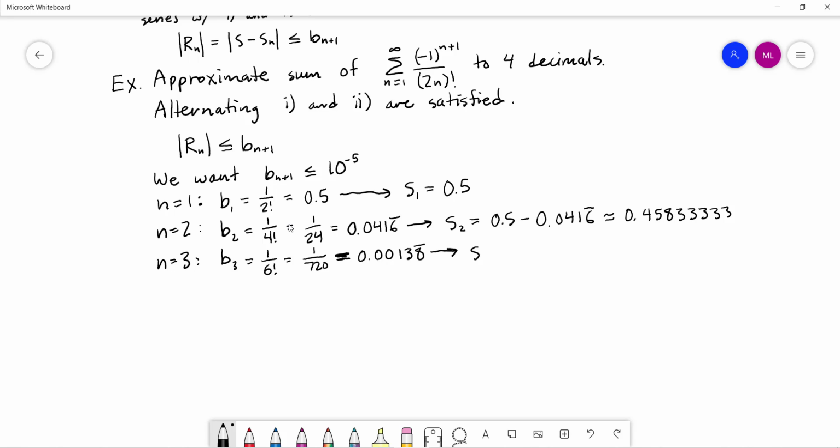And that will give me the third partial sum. So this one was positive, this one was negative, the next one's positive again, so it's 0.5 minus 0.0416 repeating plus 0.00138 repeating. And at that point, what do we get here?